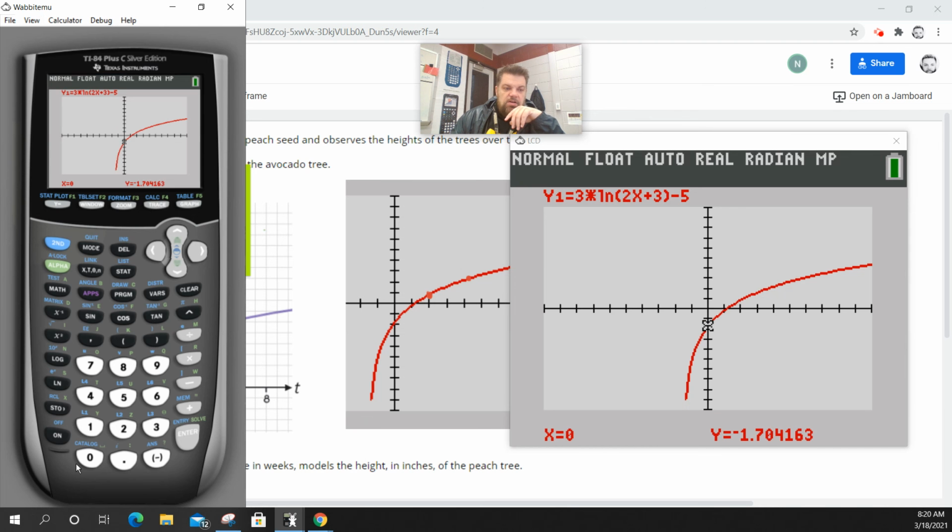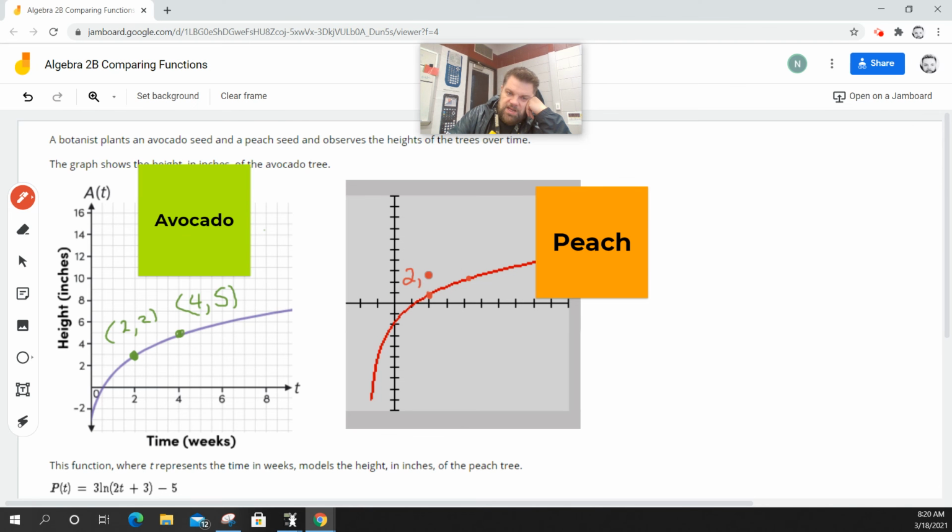So if I hit trace on the calculator and I hit 2, I hit enter, that's 0.84. So this is 2 comma 0.84.